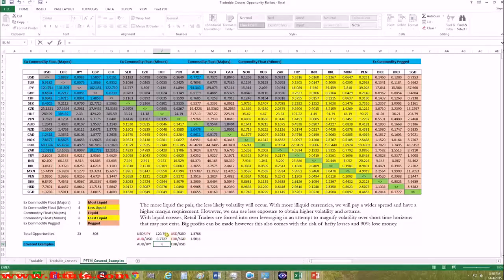So we take the US dollar yen rate and multiply by the Aussie dollar US dollar rate, and we get the rate here.